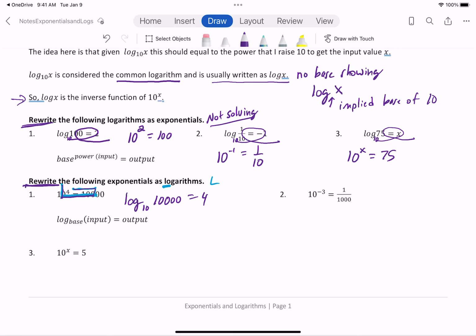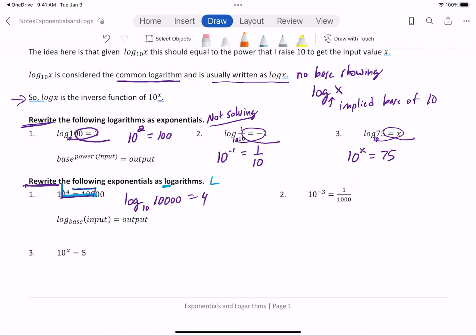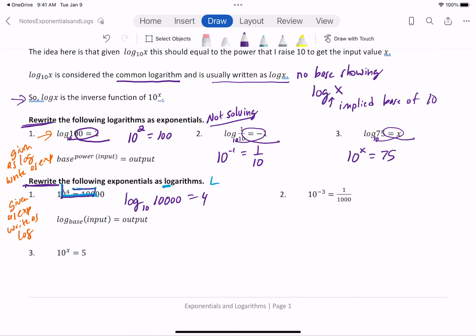So what we're doing is the last problems we looked at, they were given as log. So we wrote as exponential. And then these are given as exponential. And we're writing as log. We're just going back and forth between the two forms. That's all we're doing right now. Okay?